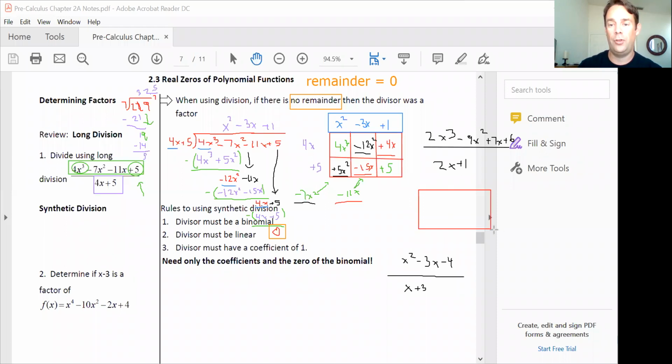All righty, so you guys got a chance to try it. Let's see here, see if I can kind of catch up with you. This term right here is going to become what I'm going to divide by.